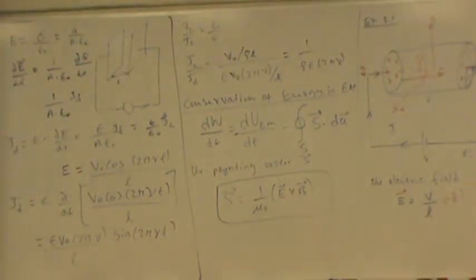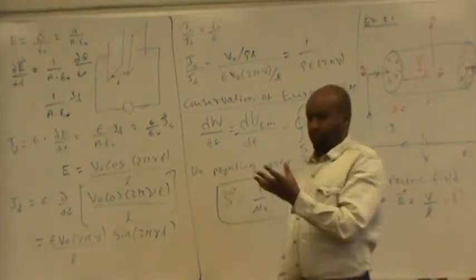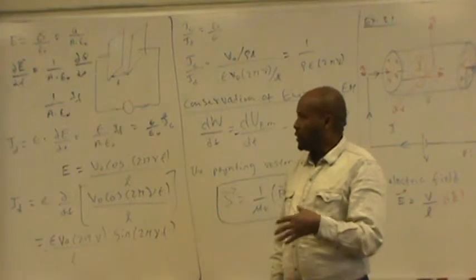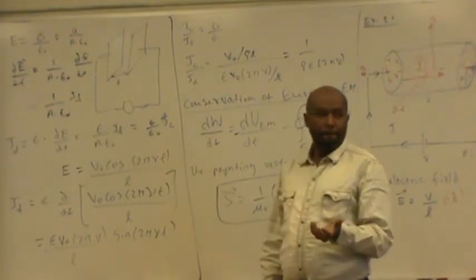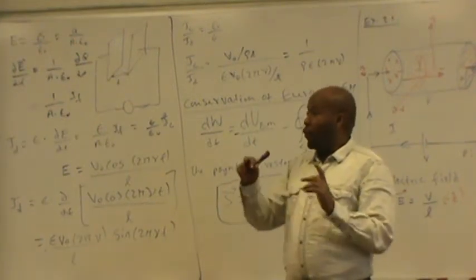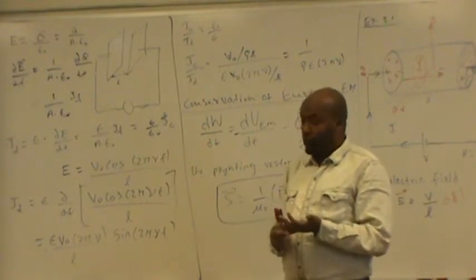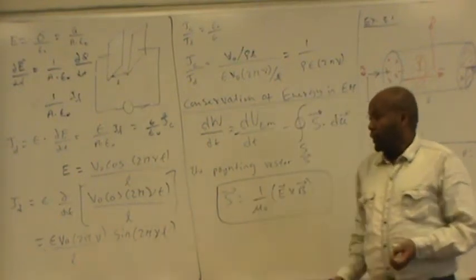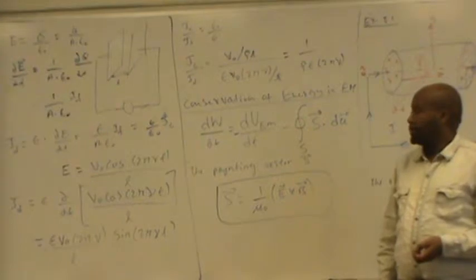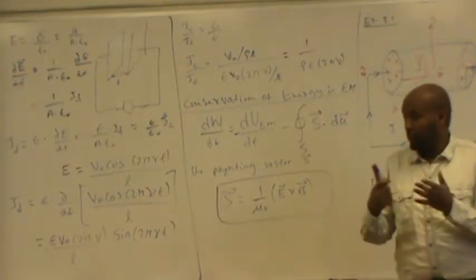So for momentum to be conserved, what is the condition? The sum of all external forces has to be 0, and also the sum of all internal forces has to be 0, right?